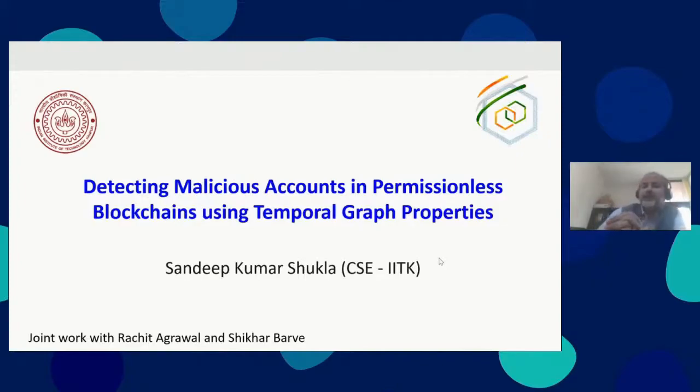So we thought that it is important that there should be a way to detect when some accounts start behaving maliciously. And the maliciousness in this case, we actually look at accounts that are designed to do Ponzi schemes, money laundering, various kinds of phishing, gambling, these kinds of activities.